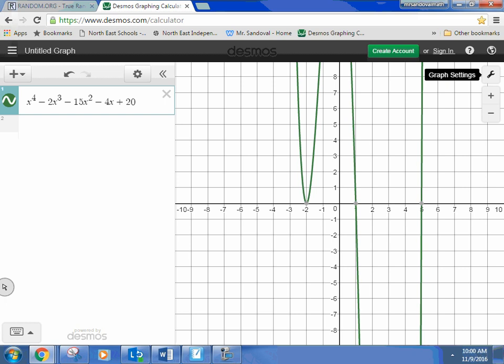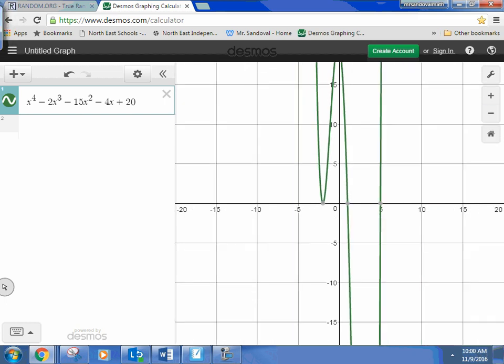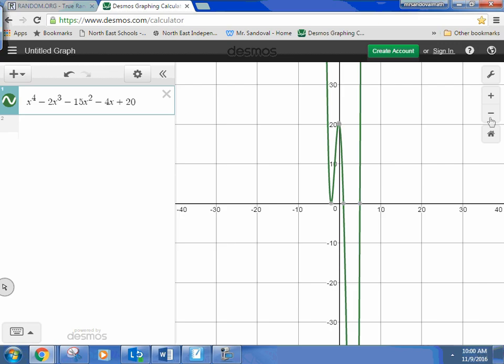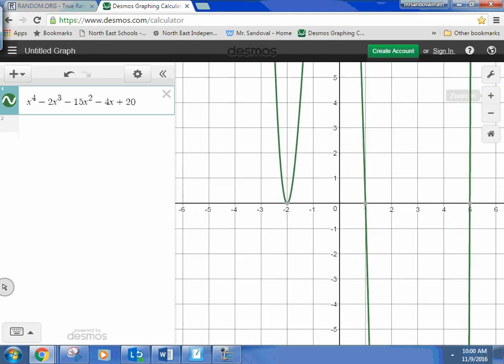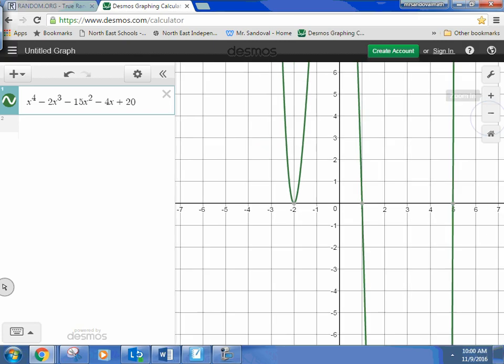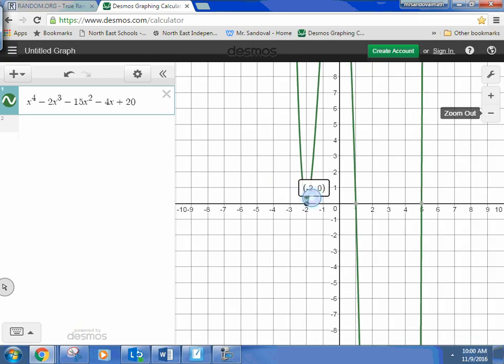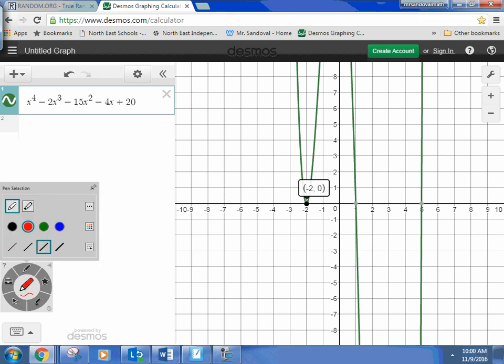Now, I notice that's only 3 solutions, if I zoom out, that means that one of these contains a multiplicity. And the one I know that's a multiplicity is going to be this one. Actually, I have the power to write. Let me tell you which one it is. The way I know is because it turns. So since it turns, that means there is going to be a multiplicity with that.